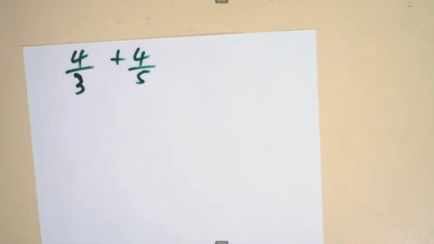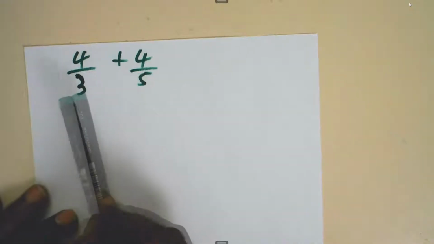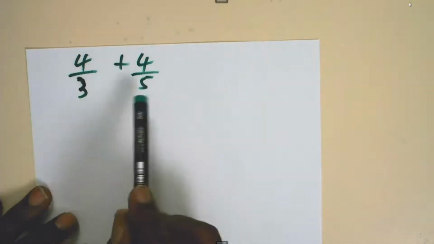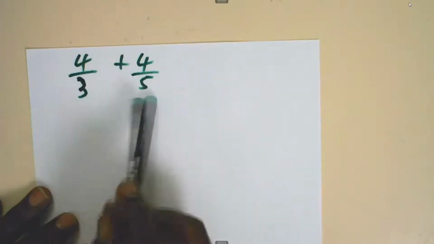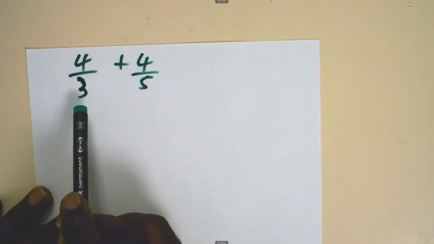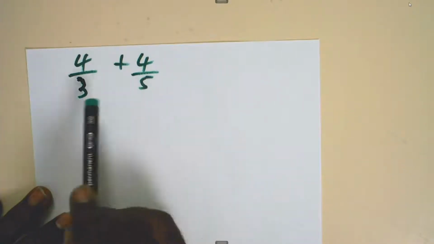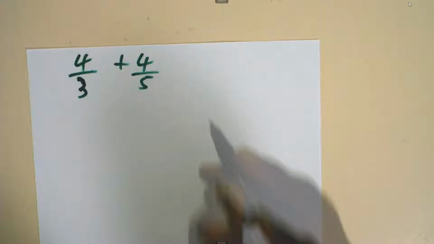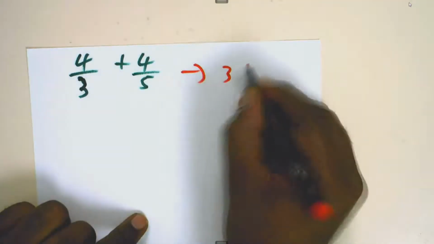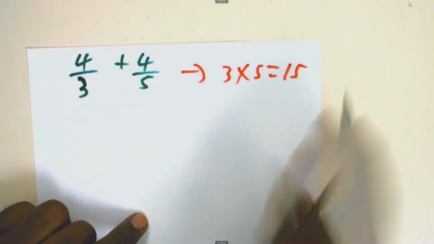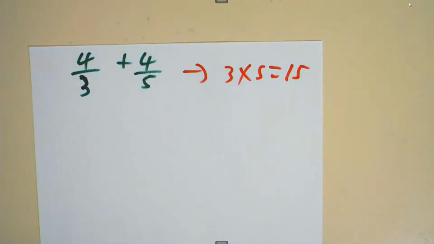Your LCM is very important here. Your denominator, which is your lowest common multiple. Normally, or another way you can say the product of this, which is 15. 3 by 5 is 15. That could be your LCM.